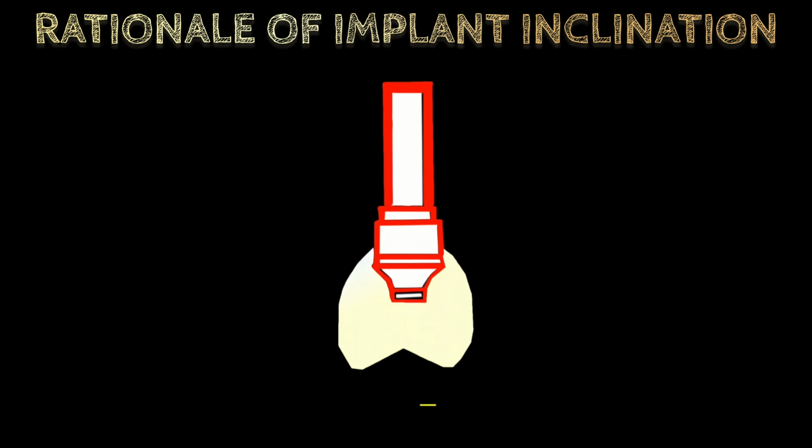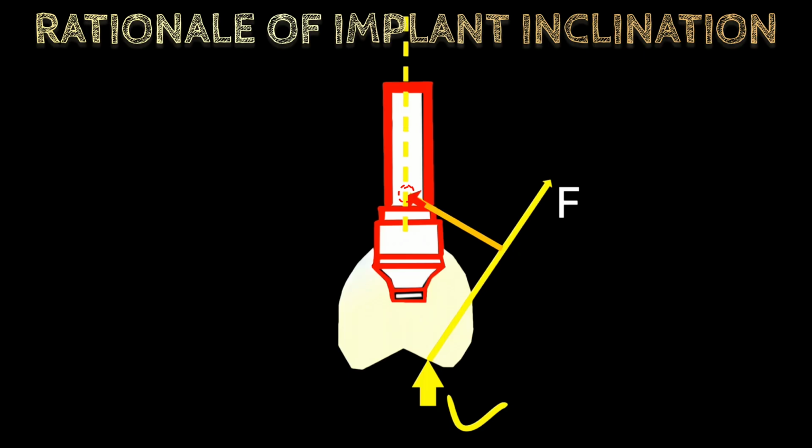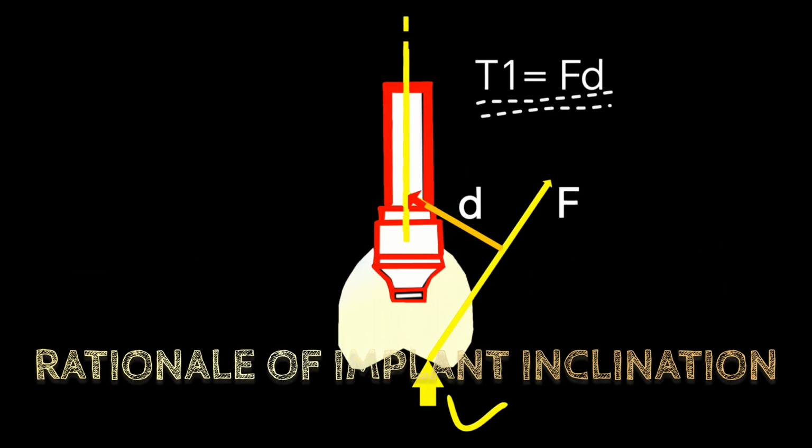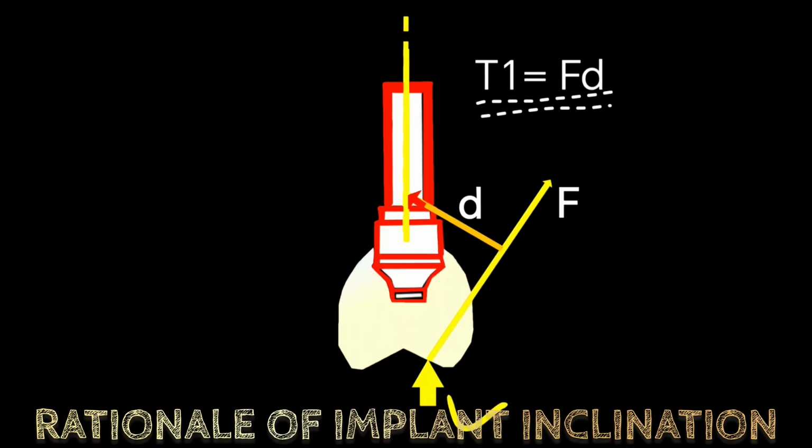As and when a load L is applied to the implant prosthesis, the resultant line of the force deviates from the center of rotation of the implant by a distance of d, as is indicated here. Hence, the torque acting upon the implant prosthesis is F times d.